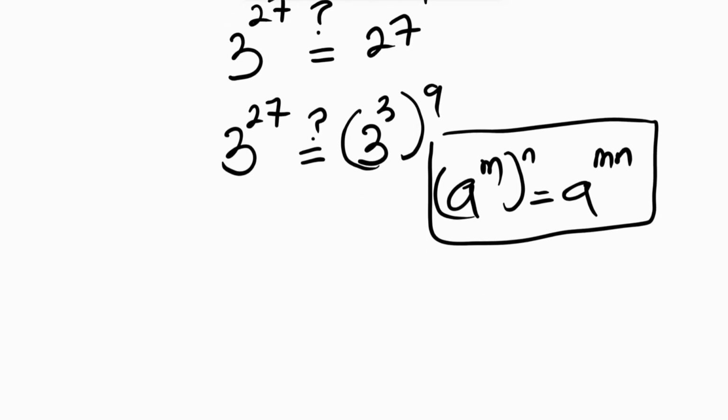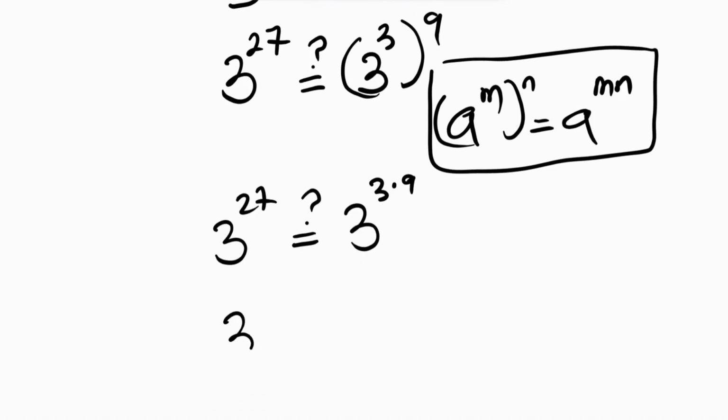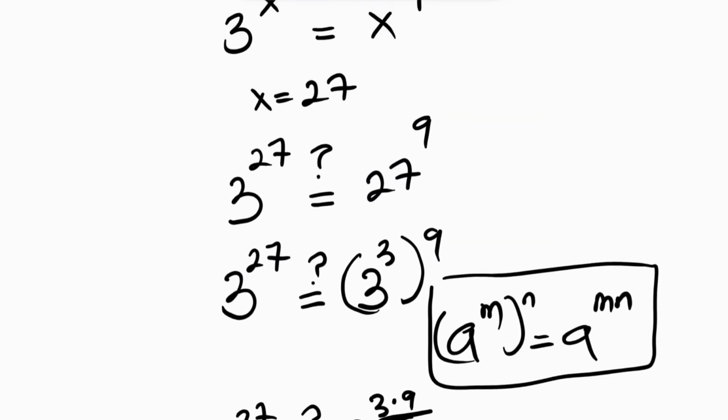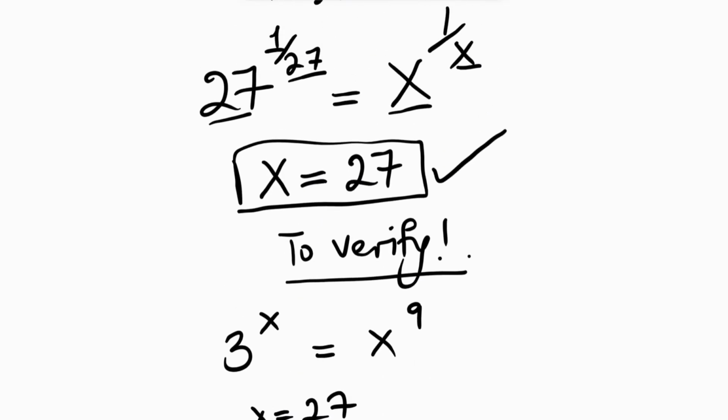So now this becomes 3 raised to the power 3 times 9. 3 raised to the power 27 here is equal to 9 times 3, which will give us 27. So we see that our left-hand side is now equal to our right-hand side. That simply means that our value of x, which is 27, is the correct answer.